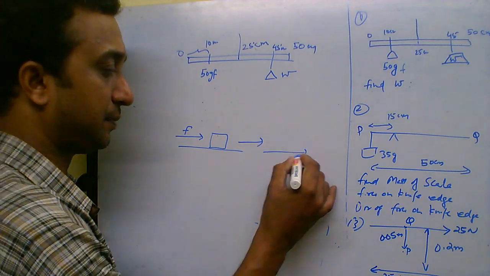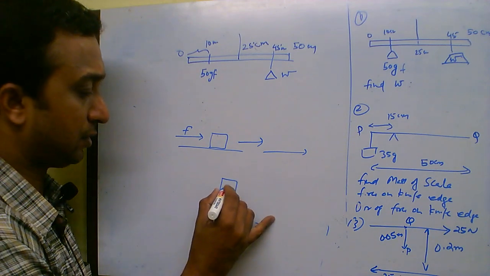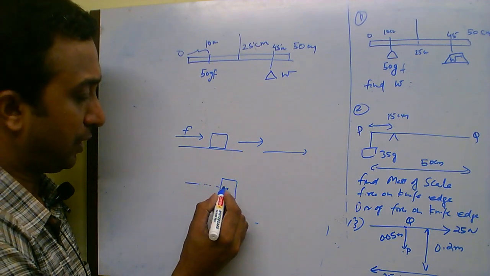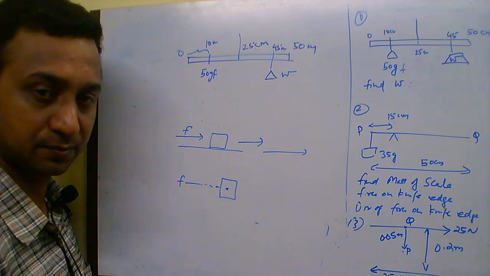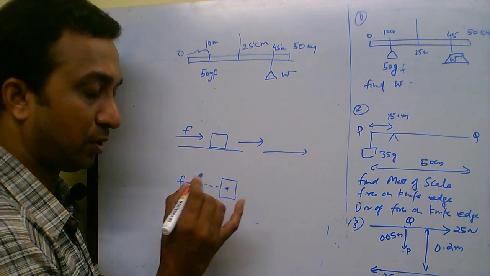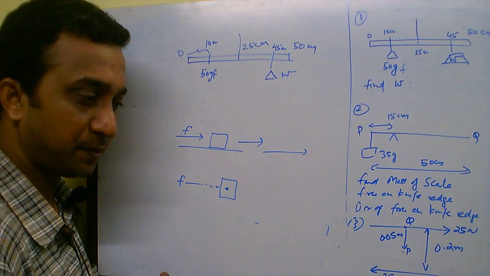It will go straight somewhere like this. Assume the same body is hinged or pivoted. Now you apply a force along its hinge or that pivot. So you are applying a force. Now the body won't move because it is already hinged, the body is pivoted.